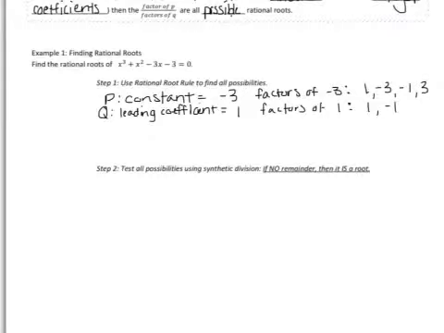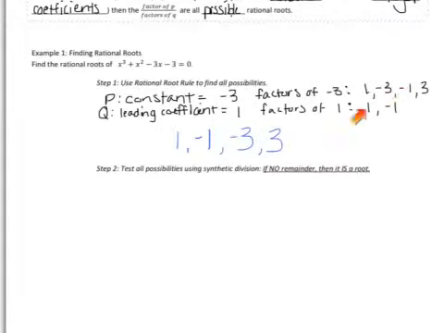So we need to put the factors of p over q. So our first one that we're going to use is 1 over 1. Well, 1 over 1 makes 1. Now we need 1 over negative 1. That makes negative 1. Negative 3 over 1 makes negative 3. Negative 3 over negative 1 makes positive 3.